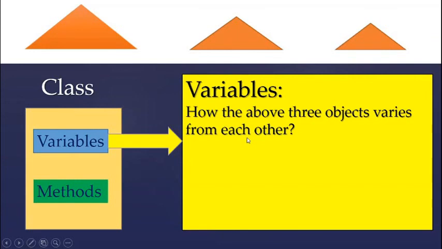Object number 1 has this much height, object number 2 has a medium height, object number 3 has the lowest height. Similarly, object number 1 has this much base, object number 2 has a medium length of base, and object number 3 has the lowest length of base. So in this way, by using the height and the base, these three objects vary.